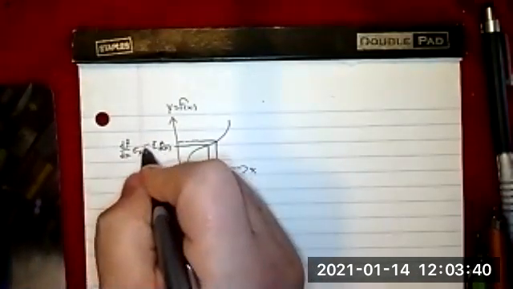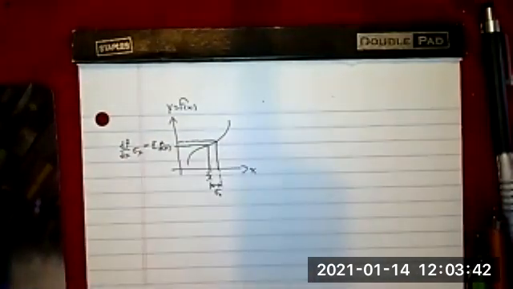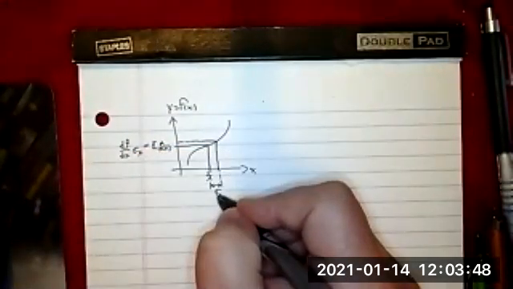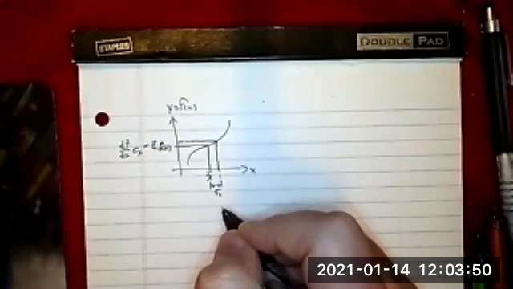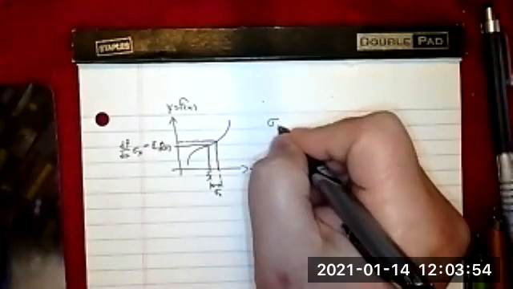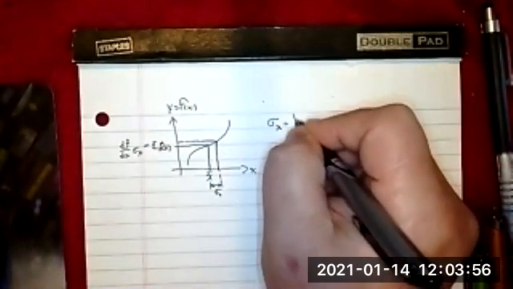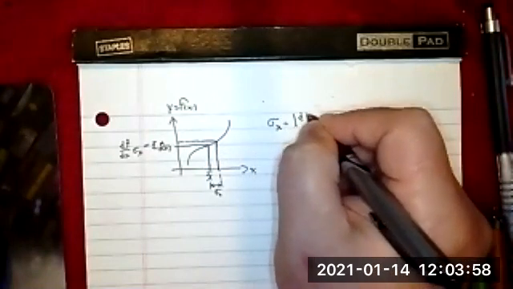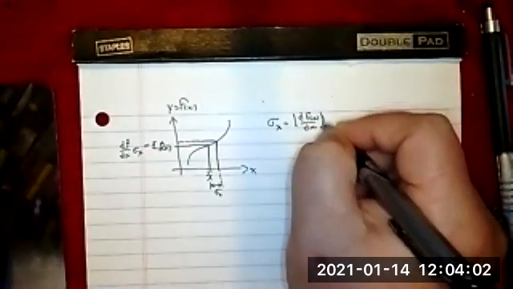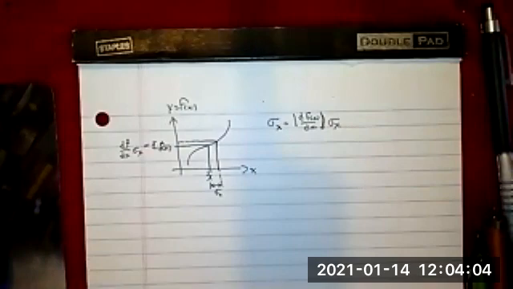Do you see how that works out? Slope is rise over run. If I multiply the rise over run by the run, I get the rise. Does that make sense? So it turns out sigma sub f is actually just equal to the absolute value of the derivative of a function of x with respect to x times sigma x.